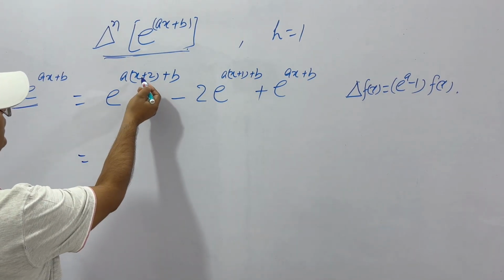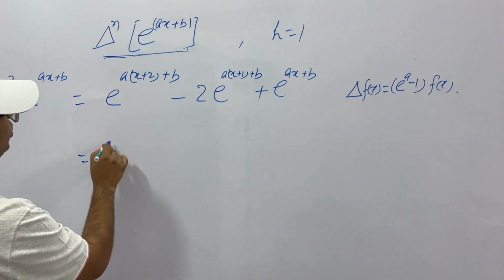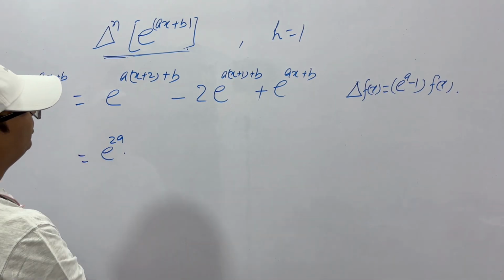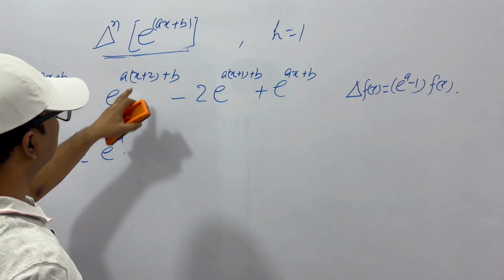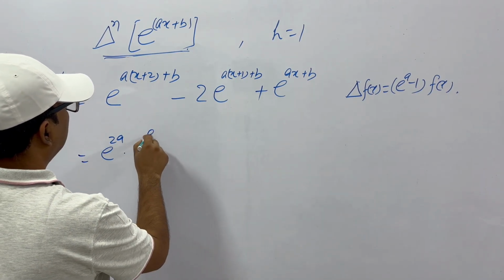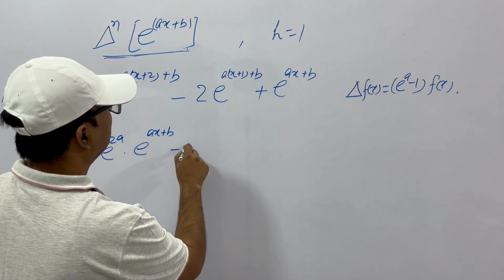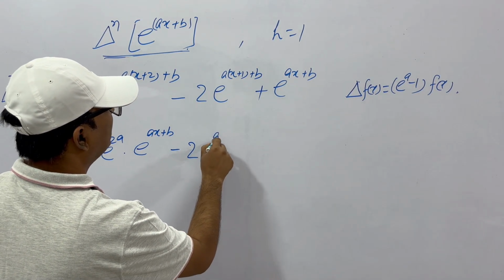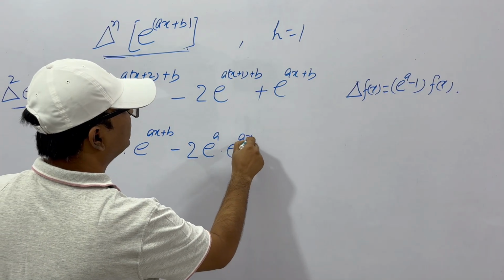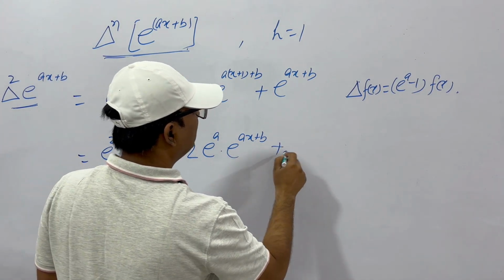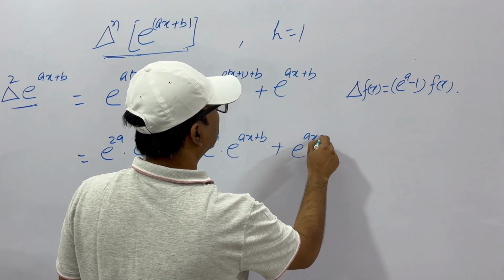So what do we get? e to the power 2a will be out of the first term, and we'll get the normal function e to the power ax plus b. Then here 2 e to the power a out, then e to the power ax plus b, and finally this is e to the power ax plus b.